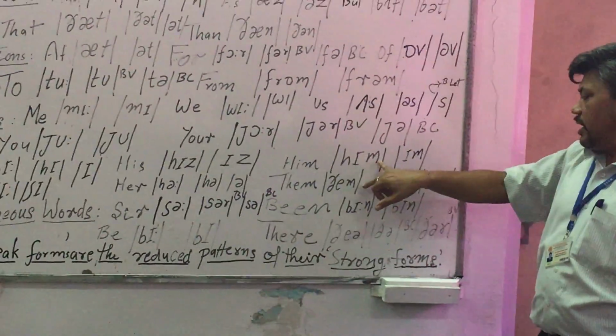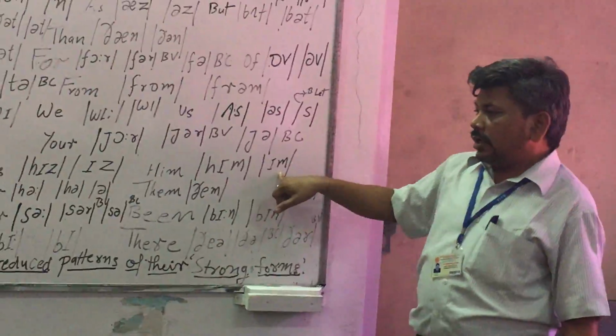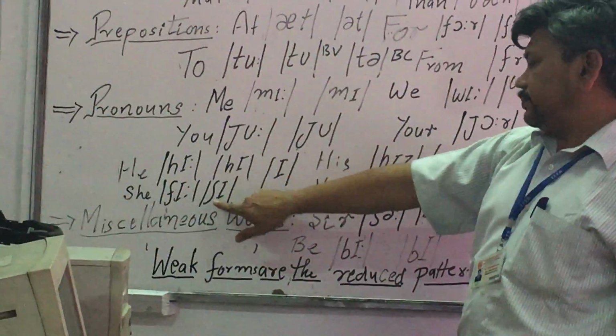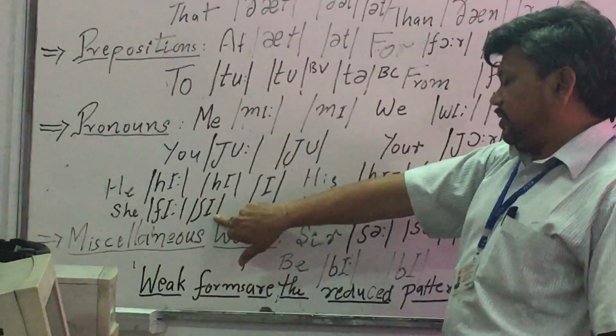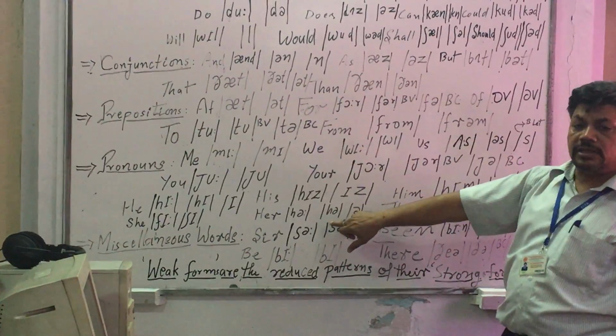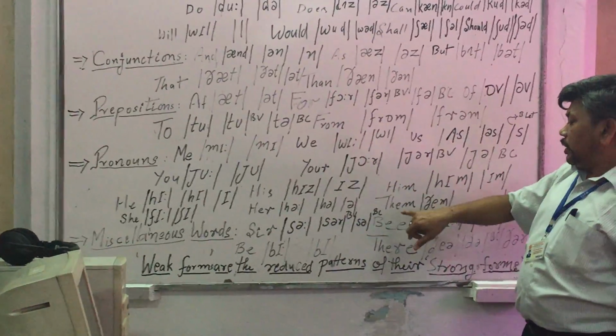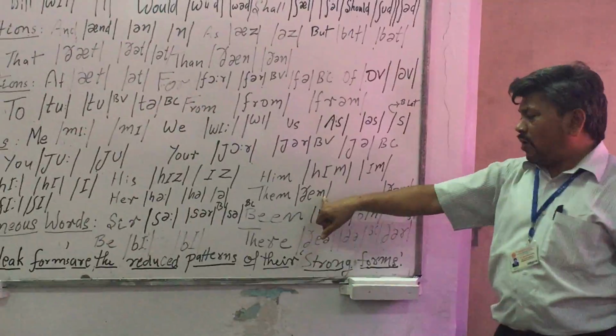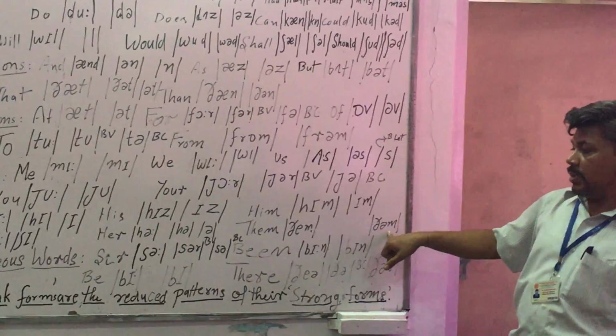Him becomes 'him' or 'im'. And for she, it becomes 'shi'. Her becomes 'her', or in some cases only 'er'. Them becomes 'them', and 'em'. This 'them' is the strong form, it becomes 'them'.